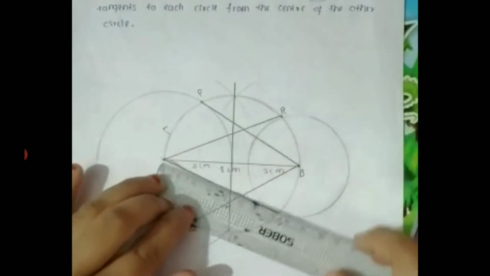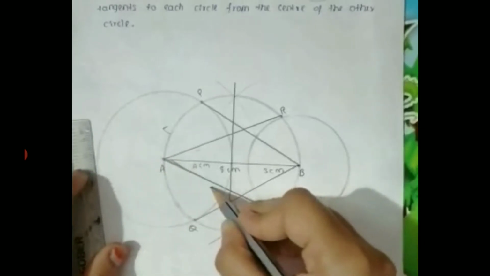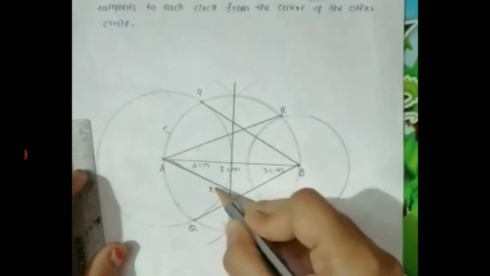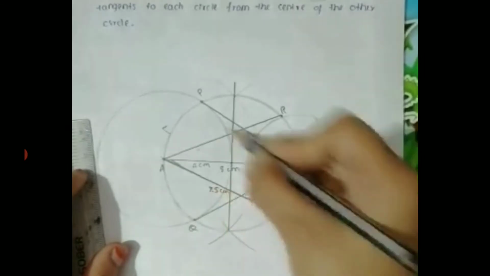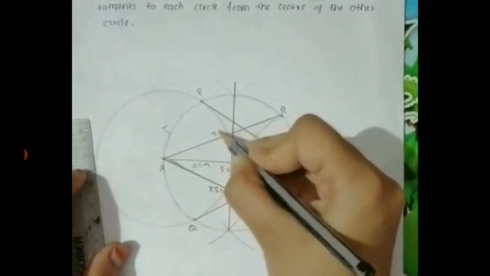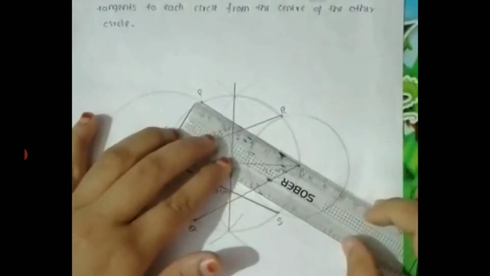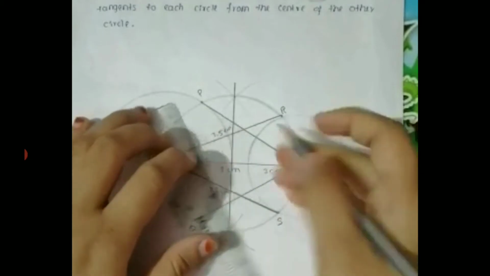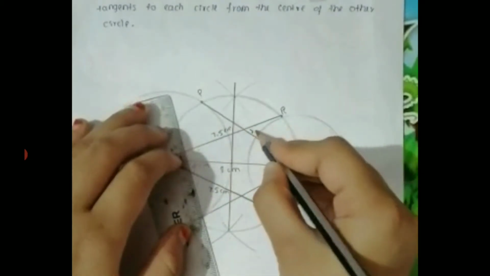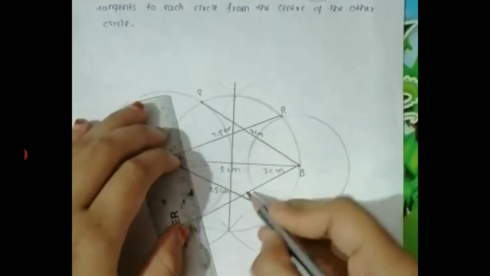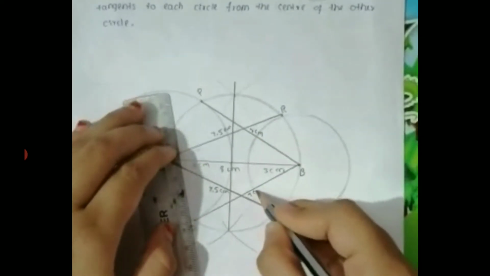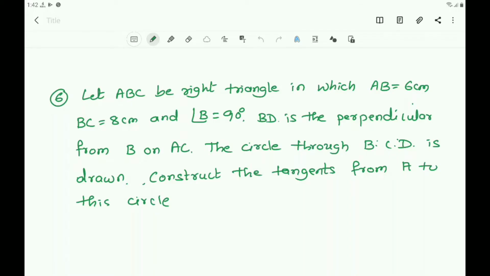Measure the length of the tangent. AR and AS are 7.5 centimeters, and PB and QB are 7 centimeters.